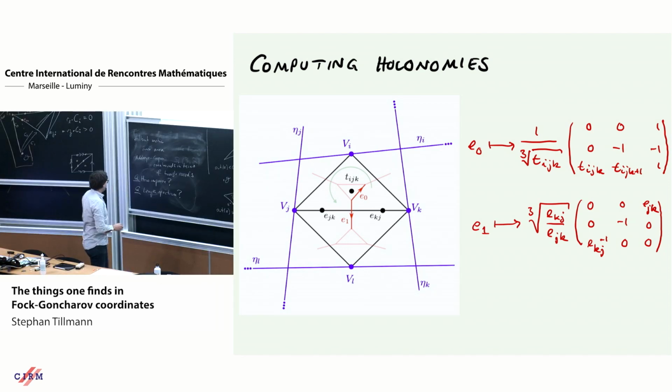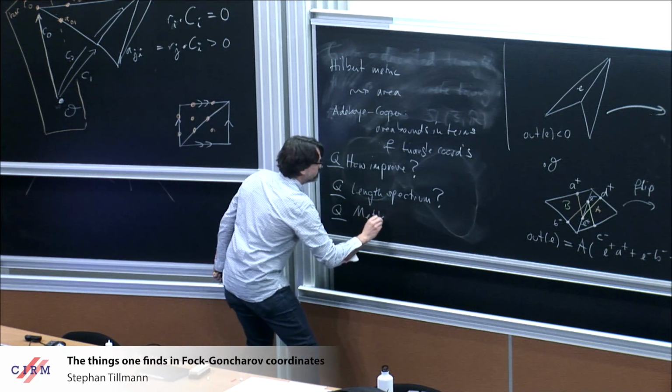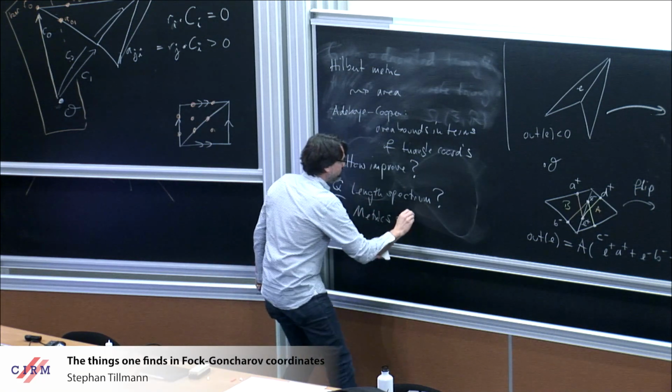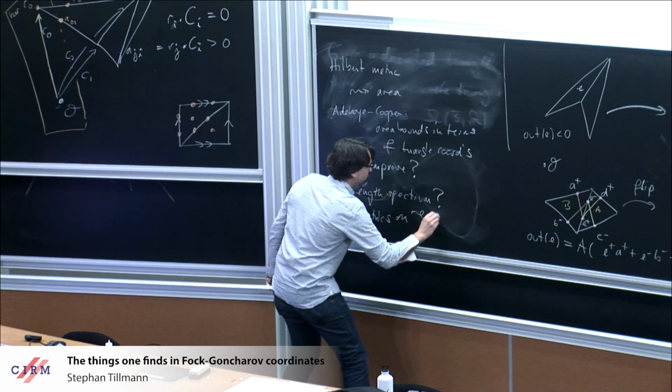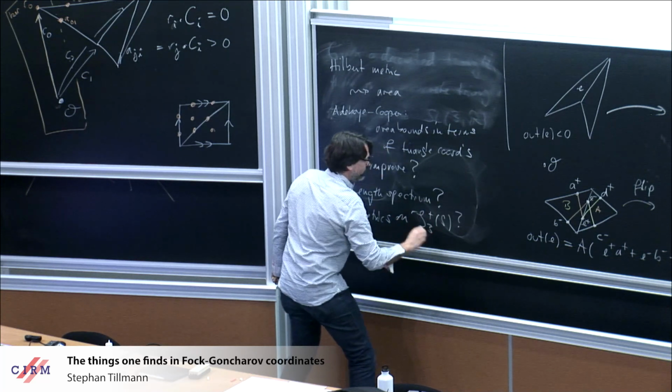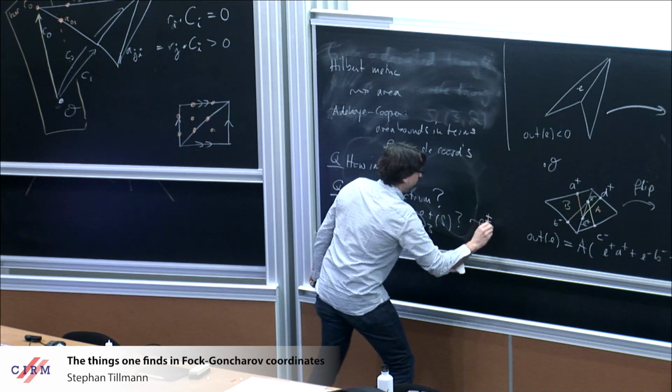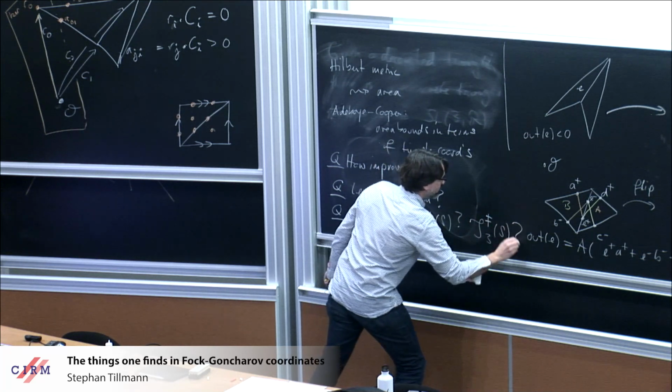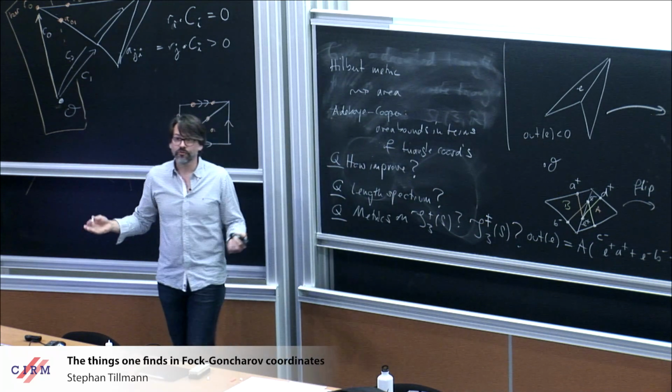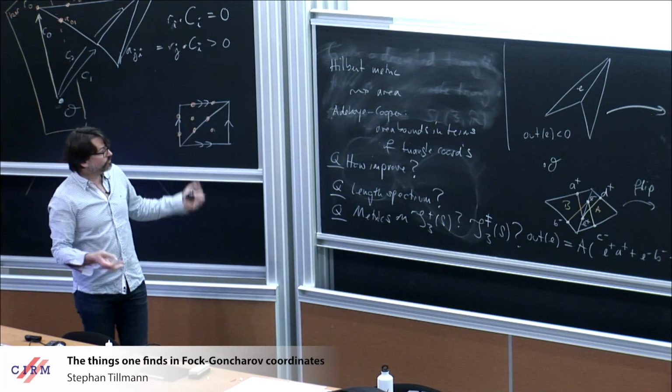Okay, another question is, how do you define metrics on these spaces, yeah? On T3 plus of S, or on this doubly decorated space. And there are a lot of metrics known for Teichmüller space, but how would you do this here, right?